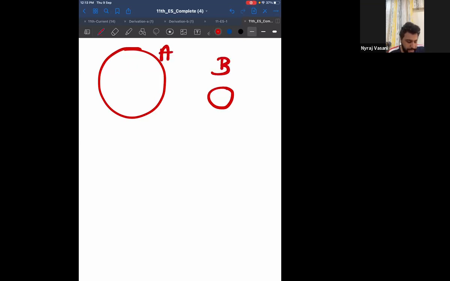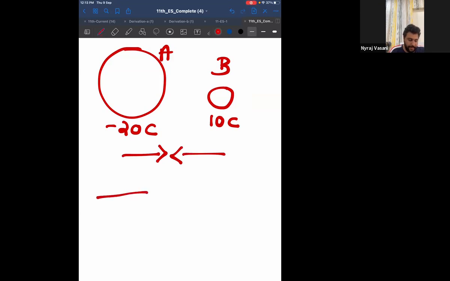Sphere A has a charge of minus 20 coulomb and sphere B has a charge of plus 10 coulomb. Tell me what will be the charge on each sphere if they are brought together and then separated. Tell me the answer. Correct, Tisha. Very good. Others, give me the answer.